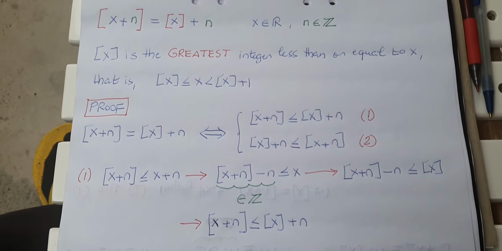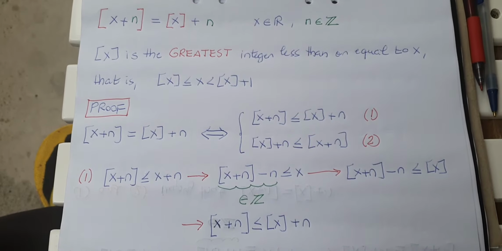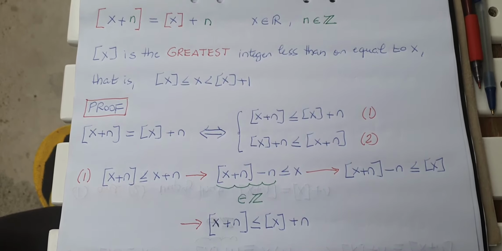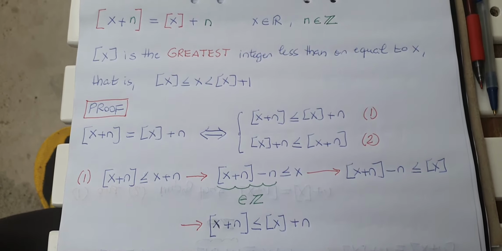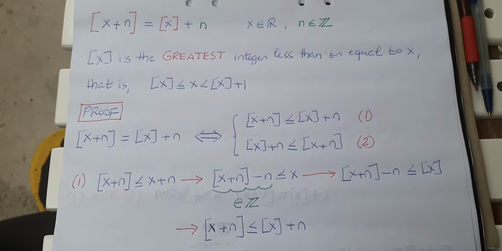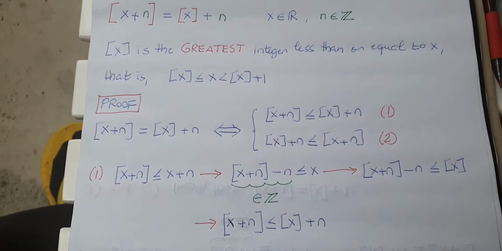So I would like to show here that the integer part of x plus n is equal to the integer part of x plus n, where x is a real number and n is an integer.